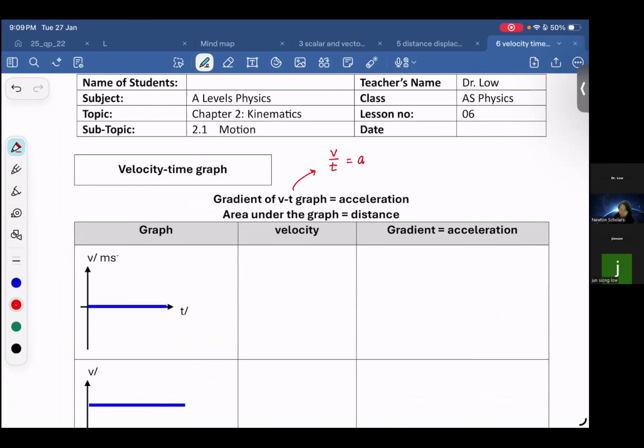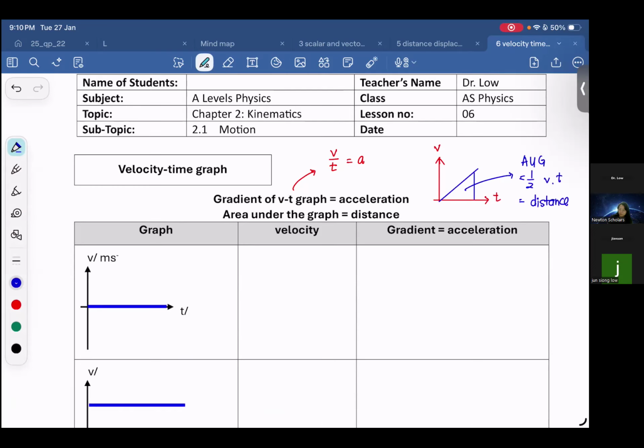If you find the area under the graph, for example, this is the V, this is the T, the time. Area under graph is 1 over 2 V times T. Speed times time, so you will get a distance, or we say displacement.